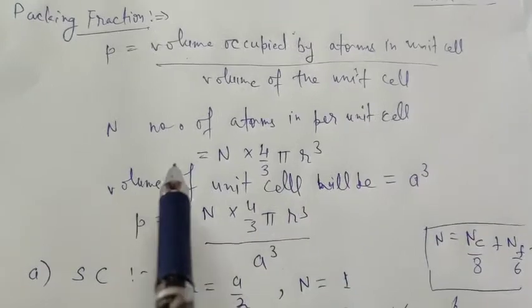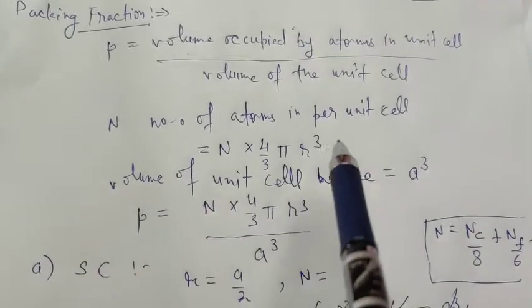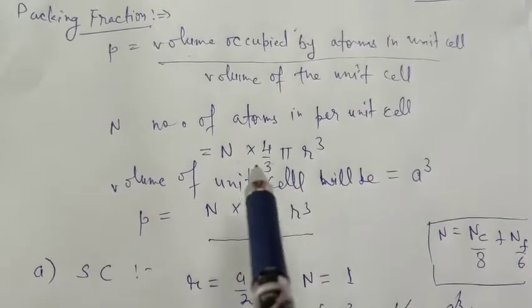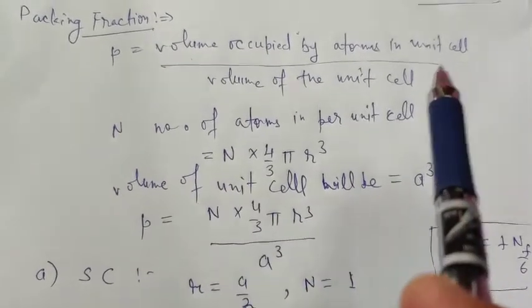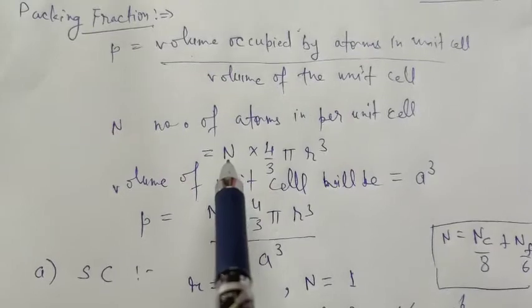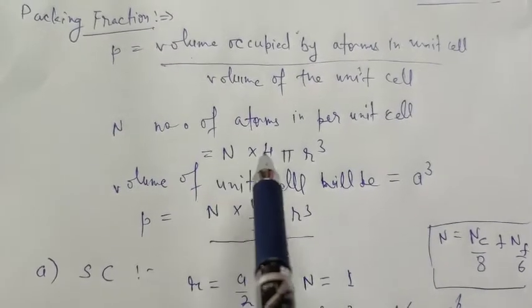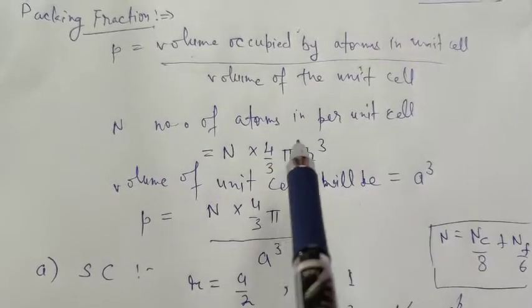Therefore the volume occupied by the atoms in the unit cell will be the number of atoms per unit cell times the volume of the sphere.